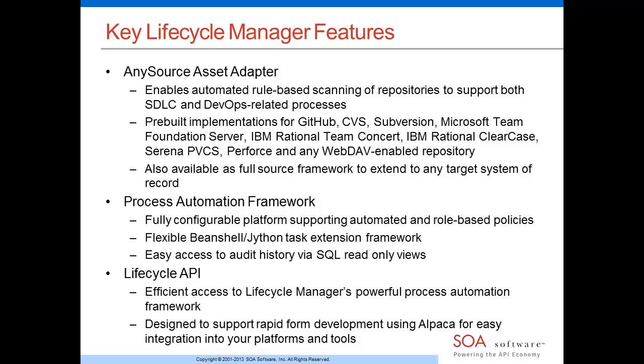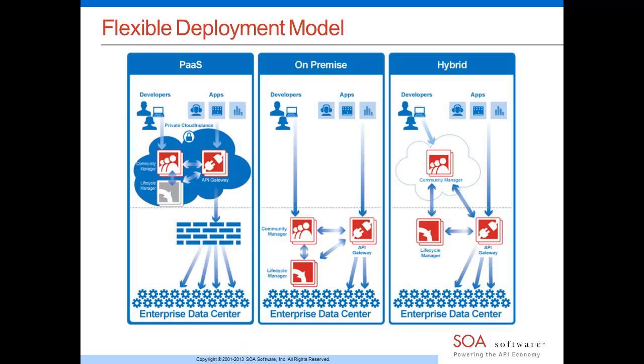All this can be deployed into multimodal deployment options. So pure platform as a service, the instance residing out in the cloud, and with Lifecycle Manager providing the process backend behind Community Manager with your external portal, and then the gateway providing the security, privacy, and monitoring perimeter over your services, which are presumably running back behind your firewall.